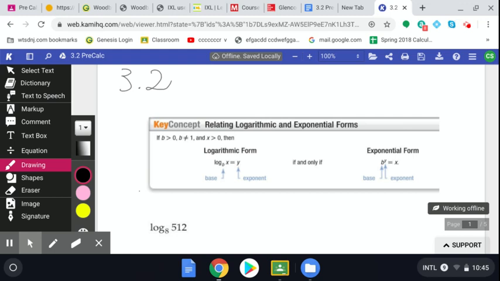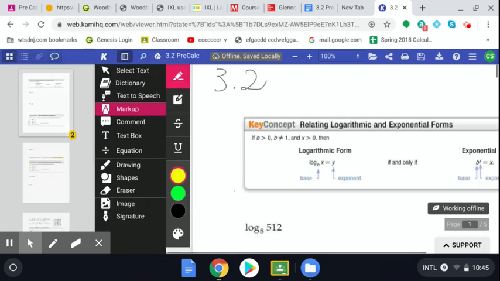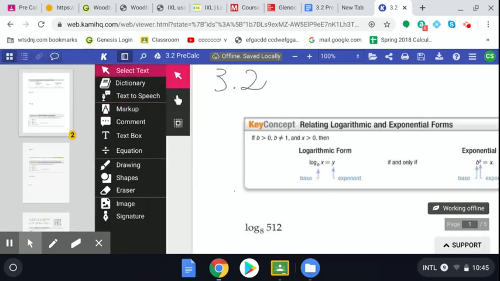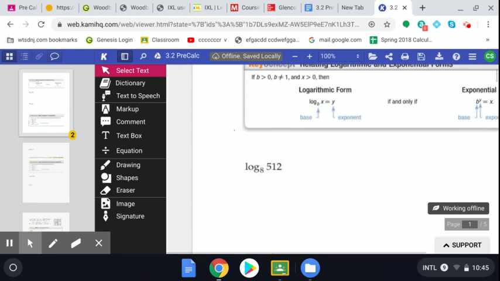In this particular example, I selected log base 8 of 512.